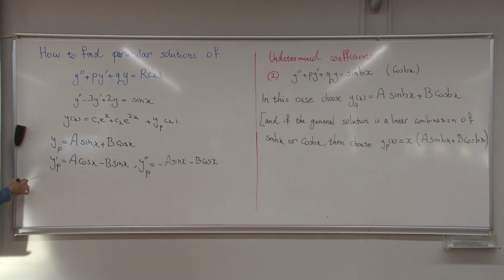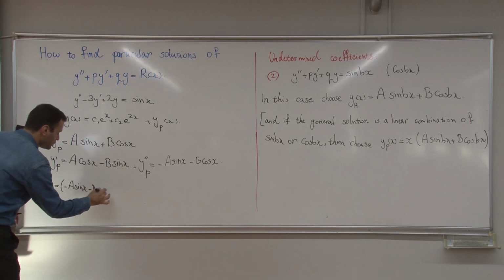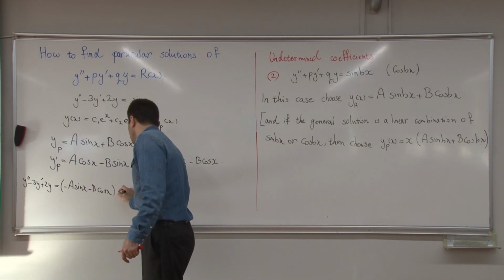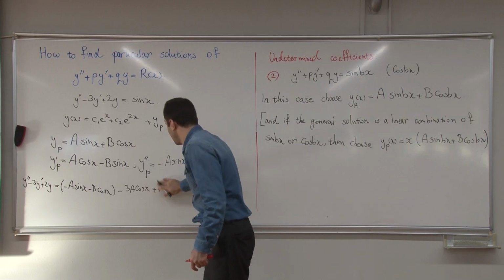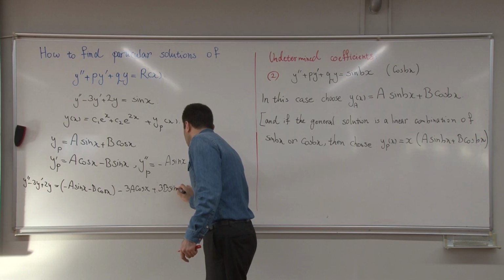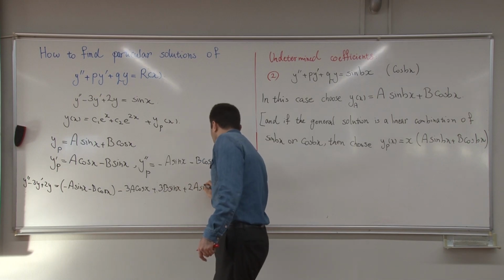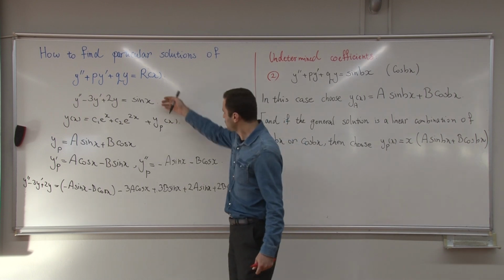Y double prime minus 3y prime plus 2y, which is equal to minus a sine of x minus b cosine of x, minus 3 times this, which is minus 3 times a cosine of x, plus 3 times b sine of x, plus 2 times the function itself, plus 2 times a sine of x plus 2 times b cosine of x. This must be equal to what? The right hand side, which is sine of x.